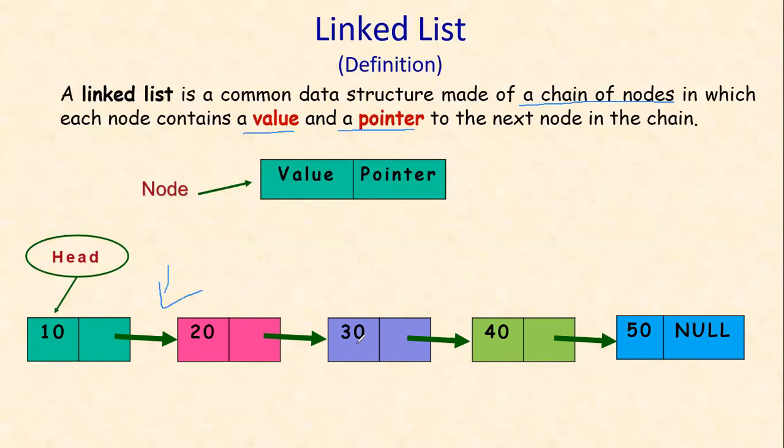This is called a linked list. Each node consists of a value and a pointer. We already discussed how a node can be declared in the previous slide.